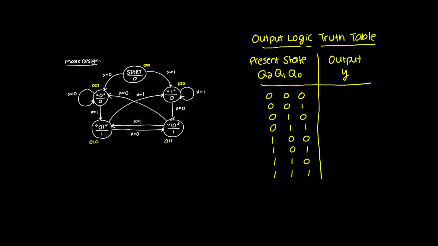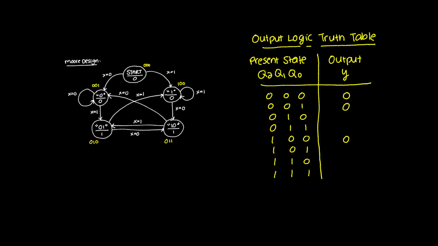So again, I'm just straightforwardly following the state transition diagram. In states 0, 0, 0, 0, 0, 1, and 1, 0, 0, my output y is 0. And it's only in states 0, 1, 0 and 0, 1, 1, these guys over here, that my output is high, right?